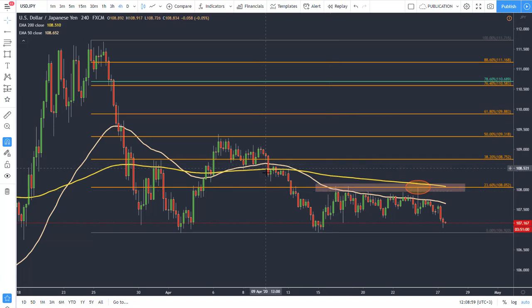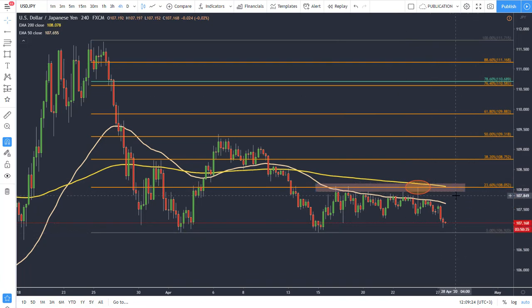We had a breakout of both moving averages, which is now providing resistance at this area. And this is the key area for US dollar Japanese yen. If it breaks above it, the bearish outlook will be invalidated. So we need to break above this high established here. It's about 108.10. If the daily close is above, price is likely to reverse to the upside.